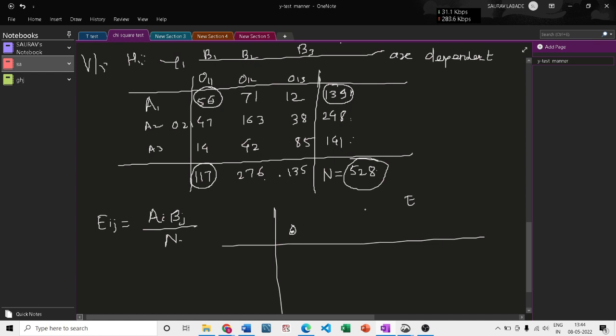So this gives all the expected frequencies. I will use Excel for better understanding.